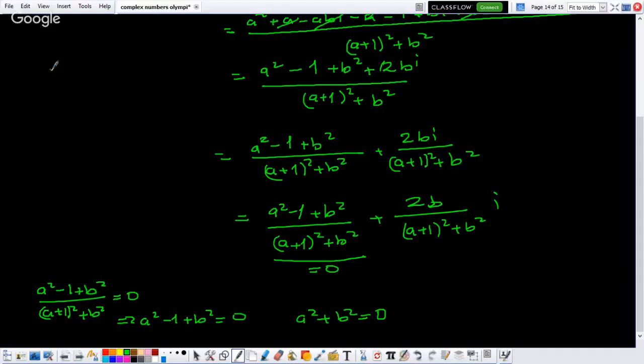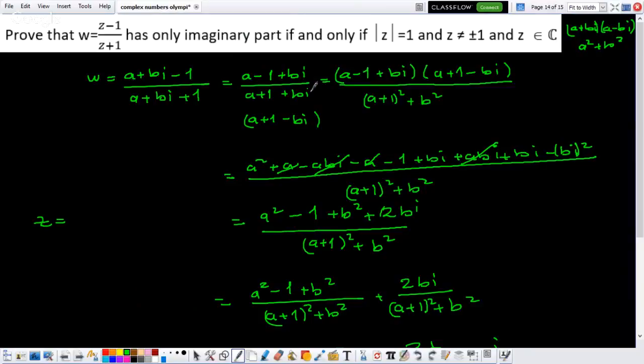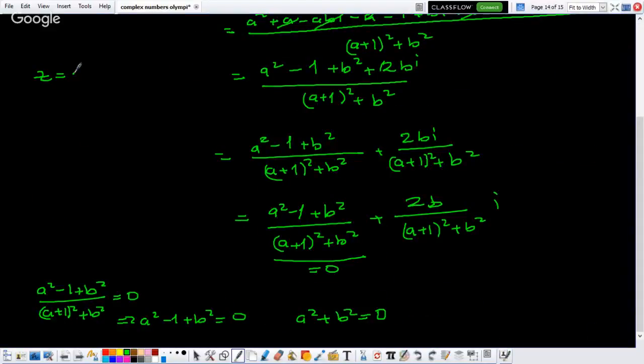If you remember, I have chosen z equal to, actually which one did I choose? Yes, z is equal to a plus bi. If I choose a plus bi, it means that a square plus b square is at the same time equal to the z modulus squared. So I found that it's equal to 1.